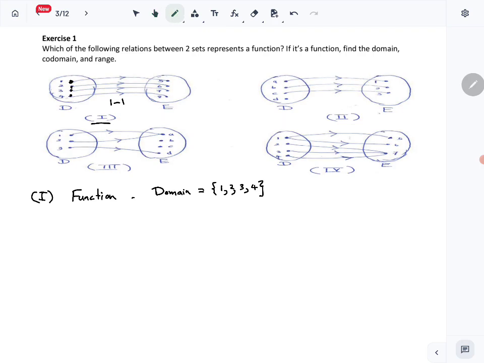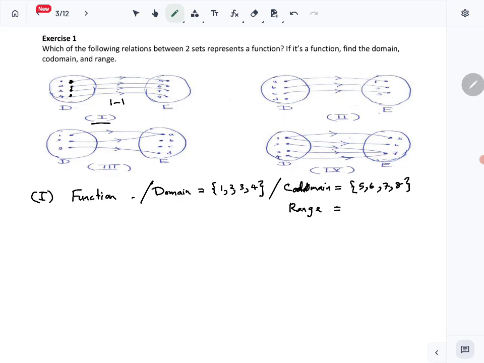Then what is codomain? Codomain is all the possible outputs. So here all the possible outputs are the set E. So 5, 6, 7, 8.